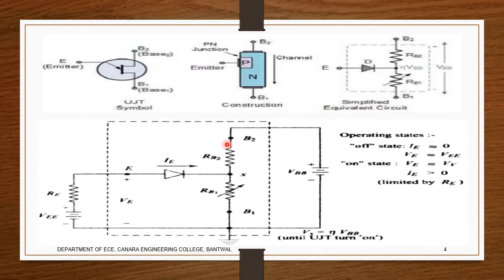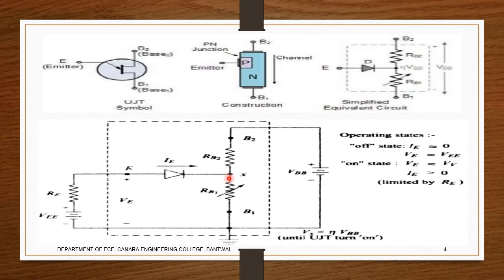On the other side, the base is supplied with the VBB voltage, positive on one end and negative on the other. This is a forward bias here, and the voltage across this terminal is VE, the emitter voltage, and this is the junction which has to be analyzed.